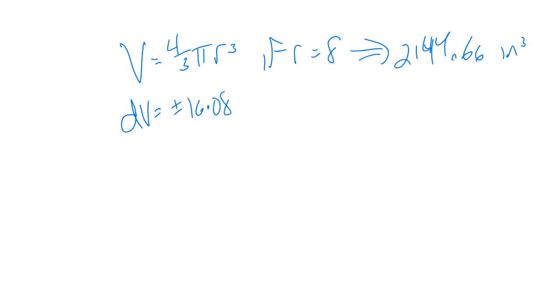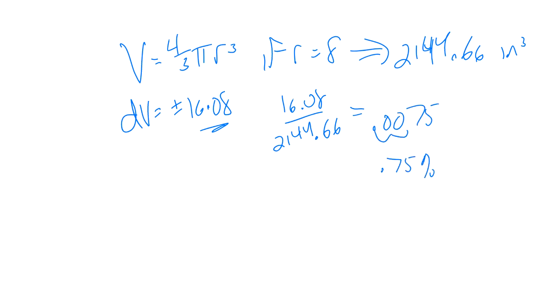That seems big compared to the 0.02, but is it really big? We look at 16.08 divided by 2144.66, and that is 0.0075, which is 0.75% error. So that's actually fairly small, right?